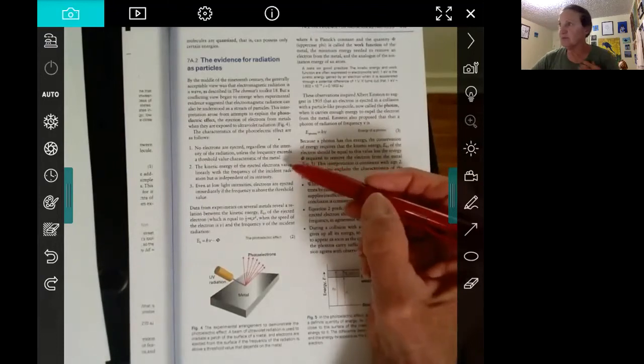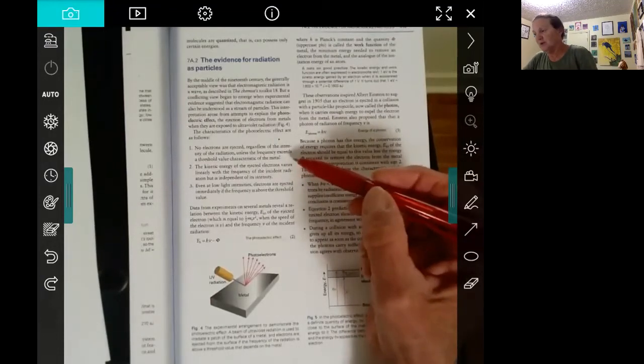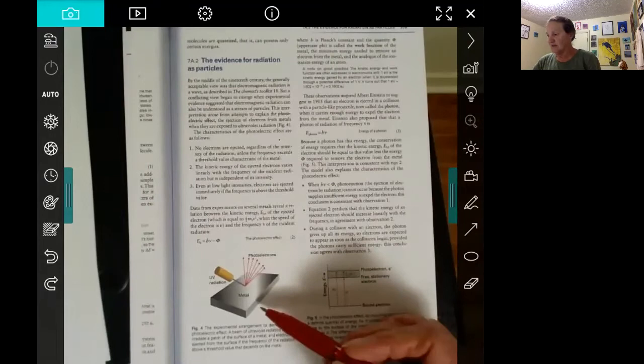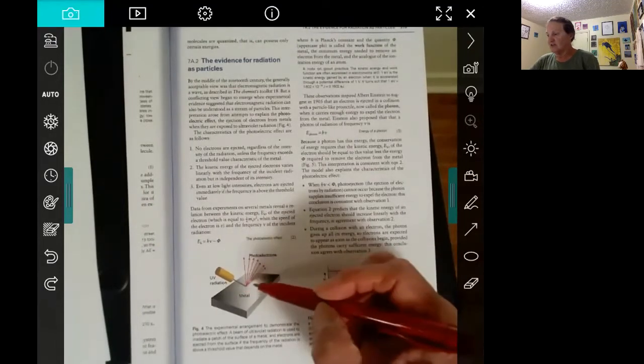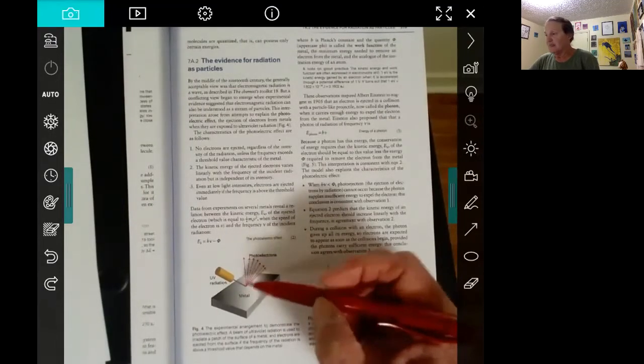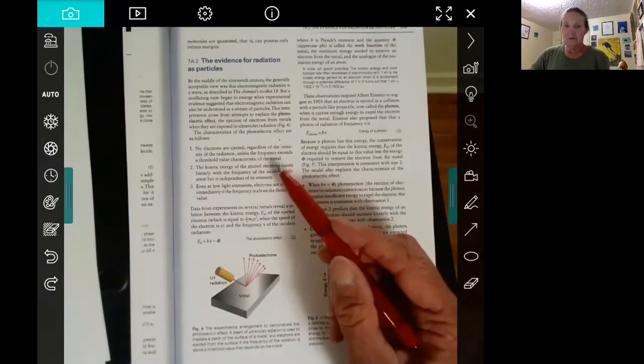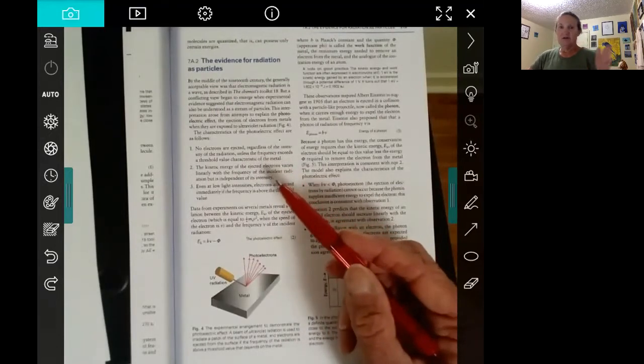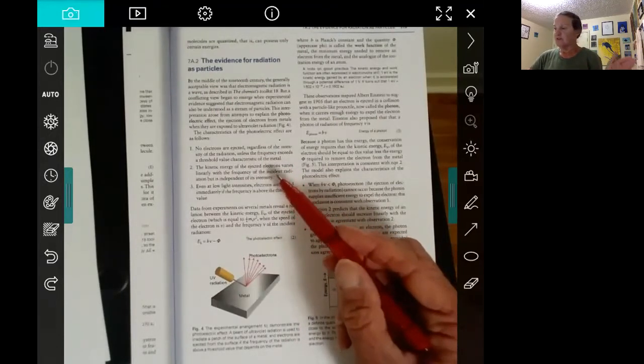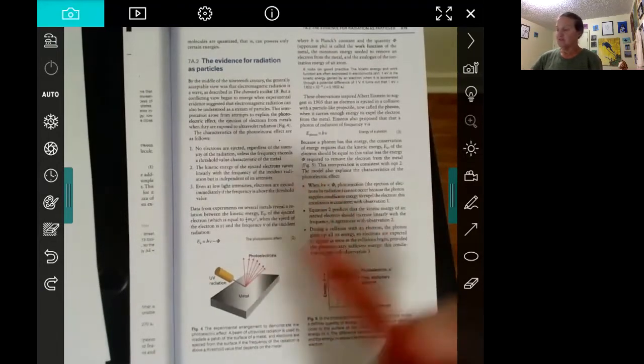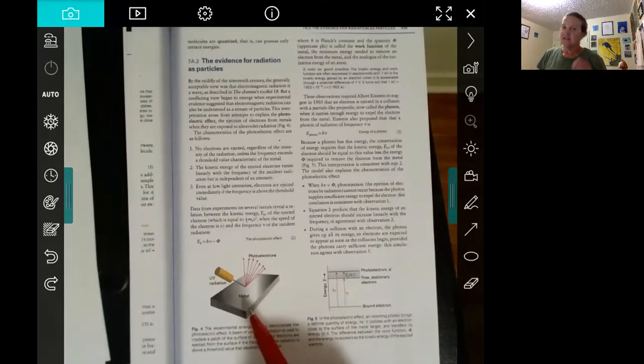You probably remember this from 107, but maybe not. If you have a sheet of metal and you shine light on that metal, no electrons will be given off if you're below some threshold frequency. Below that threshold frequency, you can shine as much light, as intense as you want, but no electrons will be ejected from the surface.